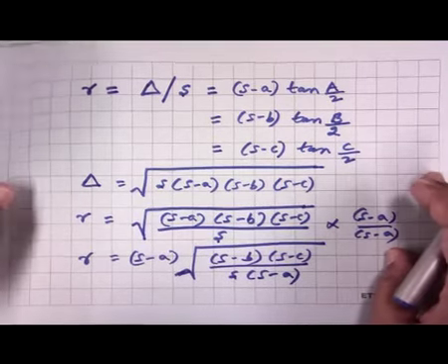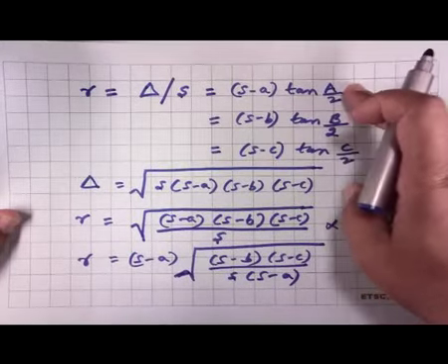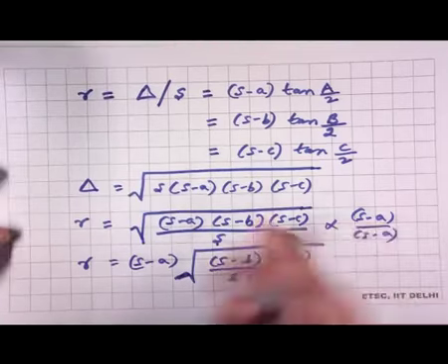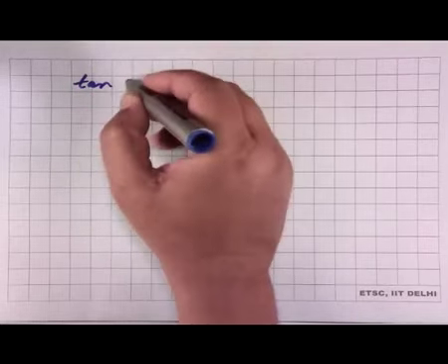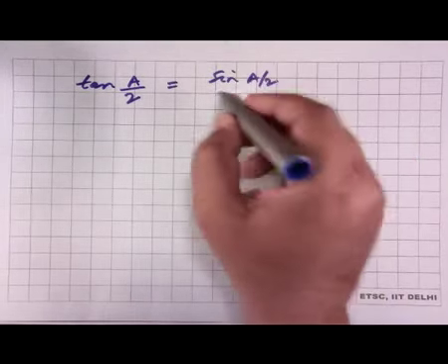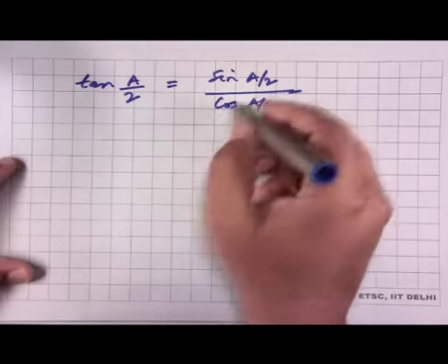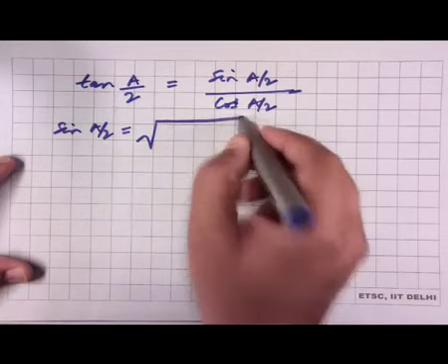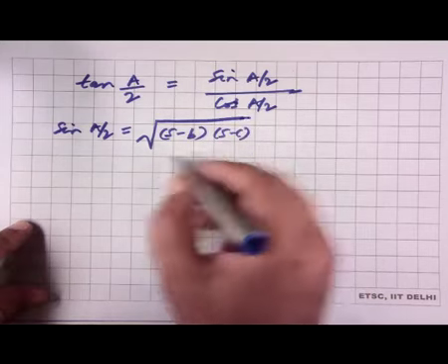If we recollect, we have already seen the expression for the tan of the half angles of a triangle, and if we remember, then tan a by 2 is sin a by 2 upon cos a by 2, and sin a by 2 is square root of s minus b into s minus c upon bc.